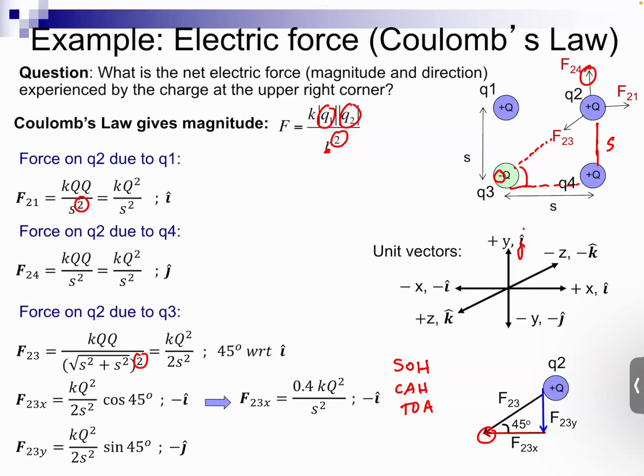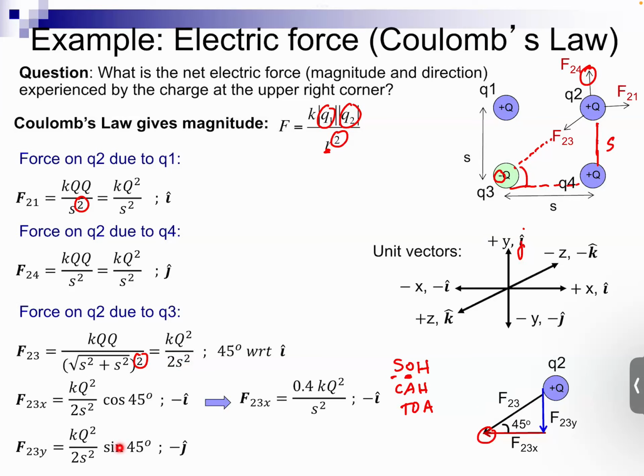And then for the Y component of this diagonal vector, our mnemonic says you're wanting to find the opposite side of a right angle triangle, hence you use the sine of the angle theta times the hypotenuse. And the hypotenuse is the force F23, which you've calculated as the magnitude of the force.